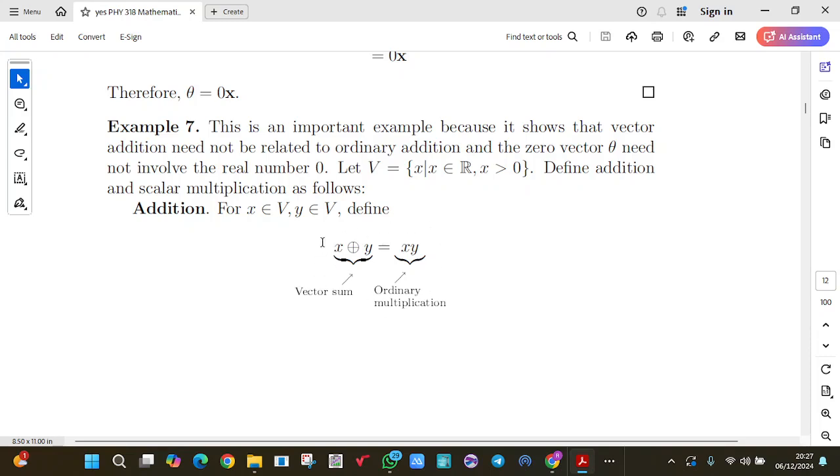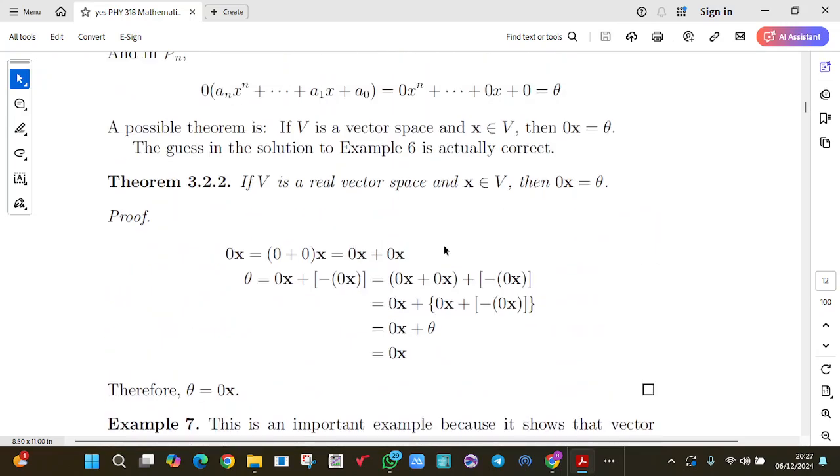This sign that you are seeing, which is called vector sum, is not actually the plus that you know. It is a vector sum saying that if you have x and y, the outcome should be x times y. That is what this operator is saying. Is that clear?